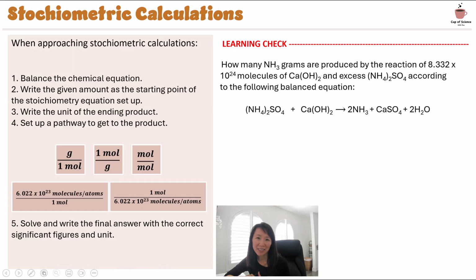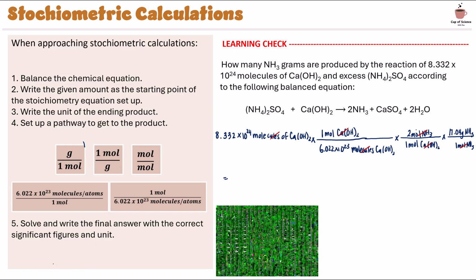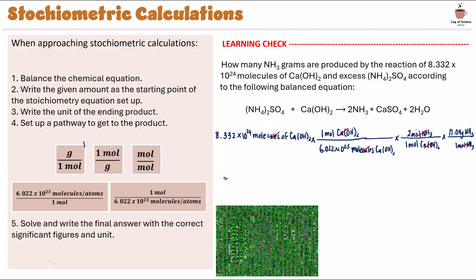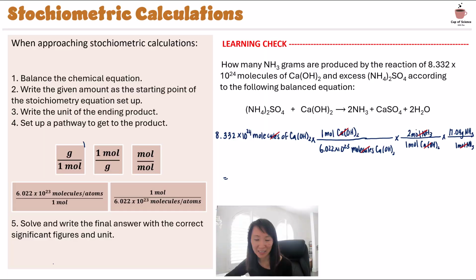Please read this particular question and try to solve it on your own and come back and check the key. So I actually haven't written out the actual answer yet, and this is because I want to show you how to calculate this if you were having some issues. First, the explanation of the setup, then let's get to the calculation.